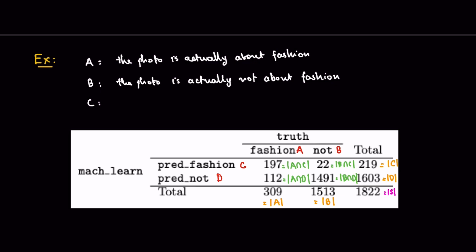C is the event where the photo is predicted to be about fashion. And D is the event where the photo is predicted to be not about fashion.